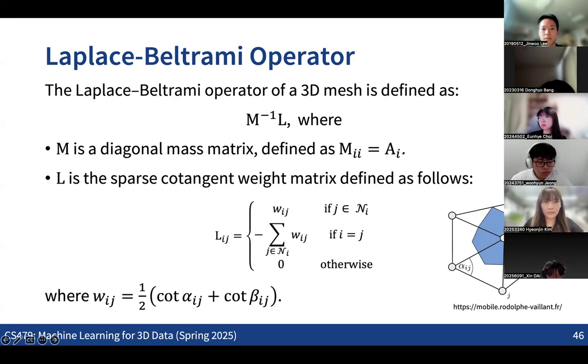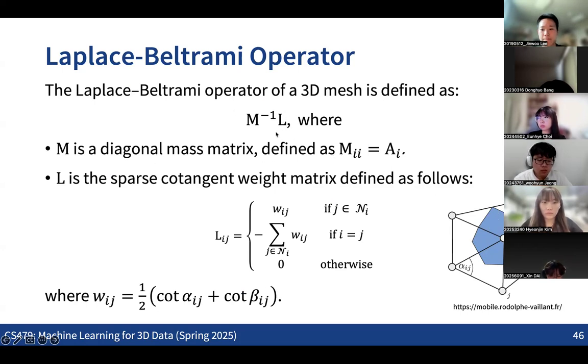You can simply approximate the area of the vertex as the sum of the areas of the neighboring faces, taking 1/3 of the sum of the face areas. It's a very simple approximation. So M is defined based on the vertex areas as a diagonal matrix.